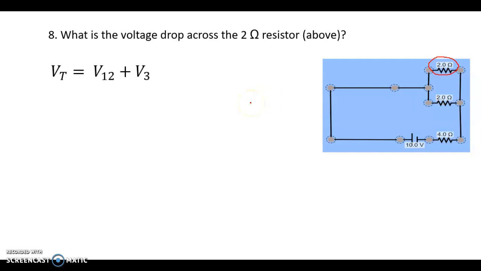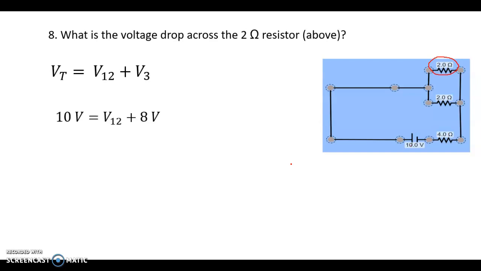We have to know the total voltage drop across the whole circuit: V total equals V1 and 2, because they are in parallel, plus V3. We know V total is 10 volts. We calculated V3, across the 4 ohm, which was 8 volts. So 10 volts equals V12 plus 8 volts.